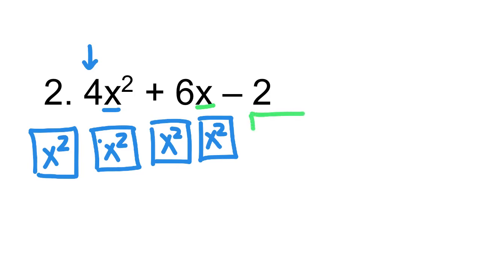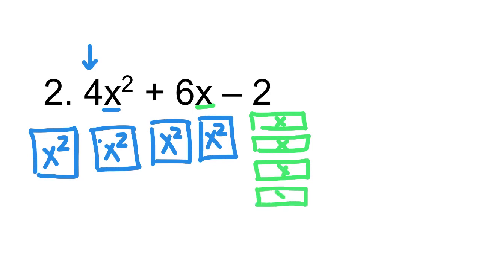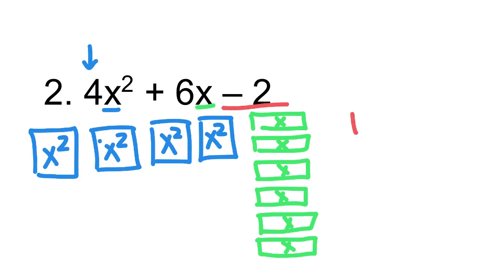Well, that means there are going to be 6 of the x's. And lastly, it says negative 2. So that's the unit tiles. So I have 2 unit tiles. They're small squares, but they're negative. So please shade those unit tiles in.